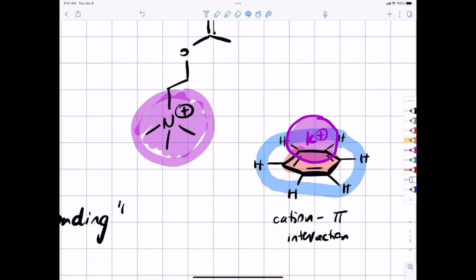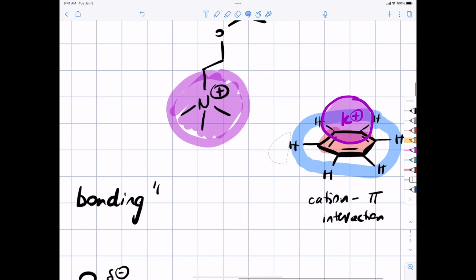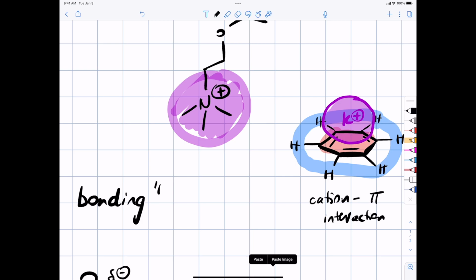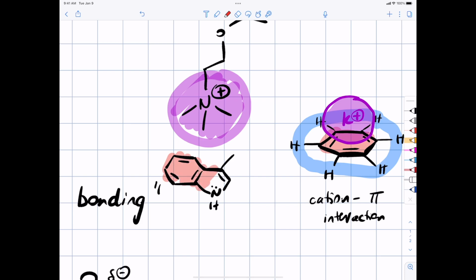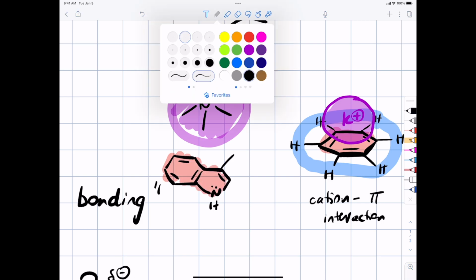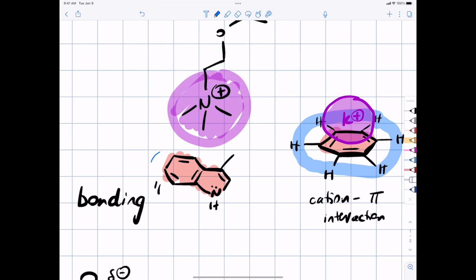And it's going to also sit down on the face of an aromatic ring. In this case, as I said, you really don't want to know this, but the aromatic ring here is 1, 2, 3, 4, 5, is the indole ring from tryptophan. And it has the same sort of thing. It has an electron-rich face and an electron-poor edge, which I'll just indicate with the blue line there.